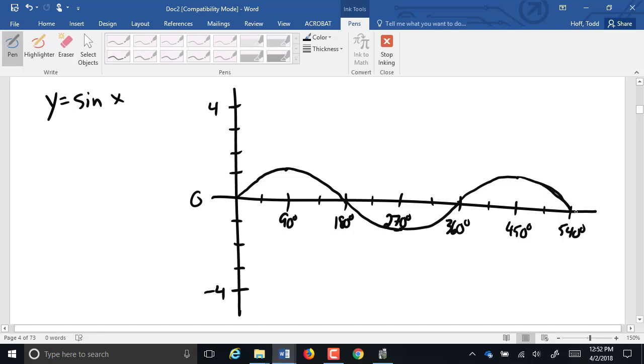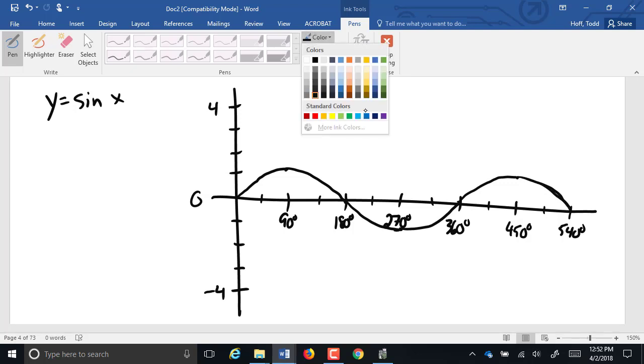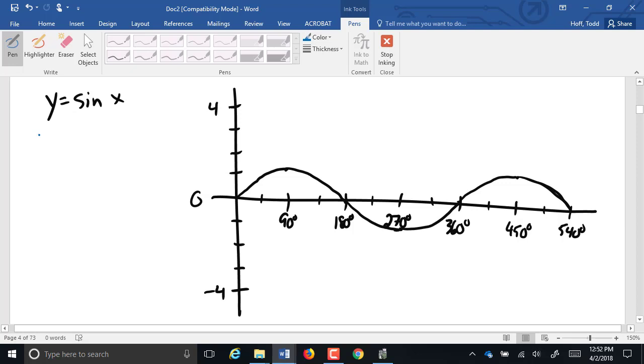We keep going like that forever and ever. What happens if we do something like this? y equals 2 sine x.